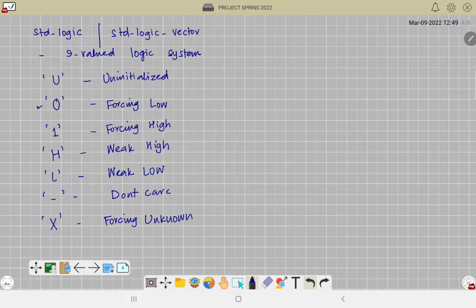Then its weak version we have W, weak unknown. Okay, so that makes 1 2 3 4 5 6 7 8, एक रह जाता है. Uninitialized, weak unknown, high भी आ गया, don't care भी आ गया, अच्छा Z, हमारा Z रह गया, that is high impedance.